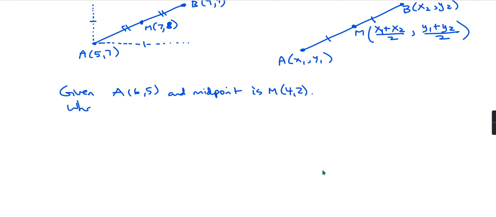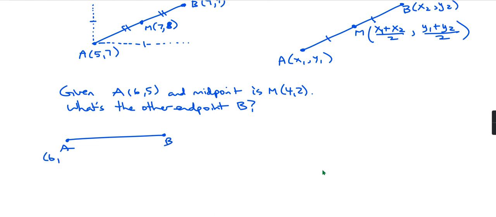And the question is, what's the other endpoint? All right, so you might be able to reason this out. If you had A (6, 5), and here's your B, and the midpoint is (4, 2), what is B going to be?